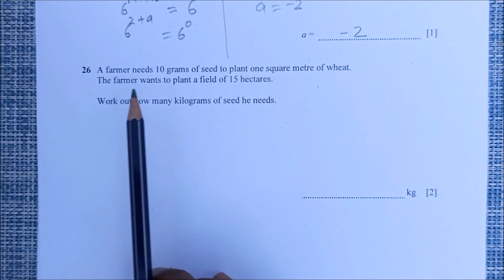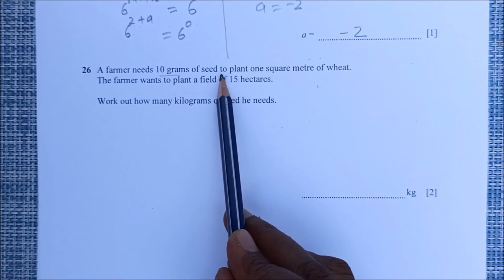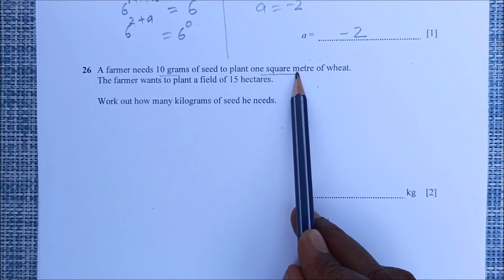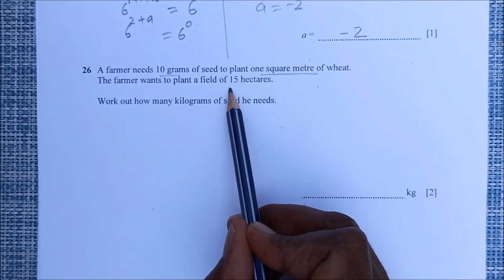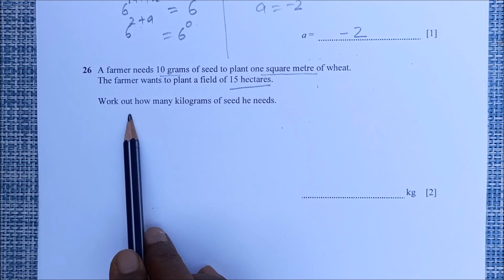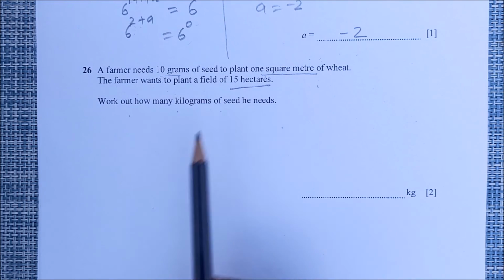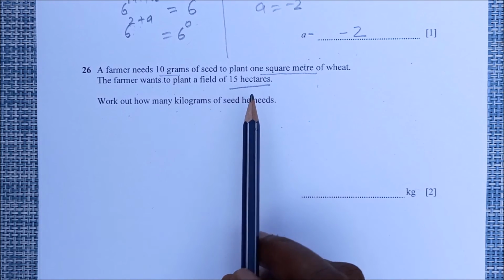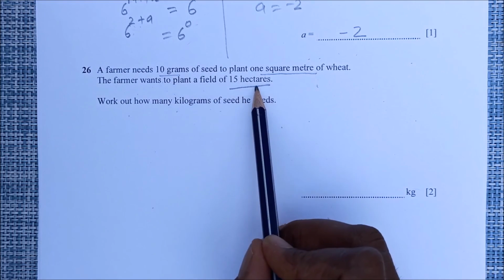Question number 26. A farmer needs 10 grams of seeds to plant 1 square meter of wheat. The farmer wants to plant a field of 15 hectares. Work out how many kilograms of seed he needs. We need the answer in kilograms, but we are given grams here. So let's first start with the hectare.